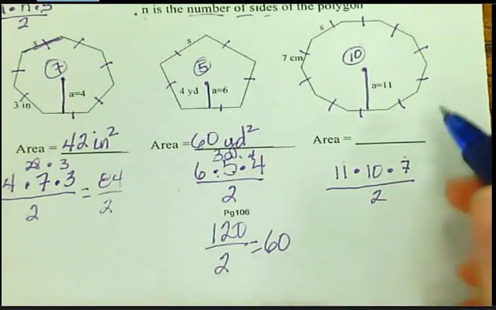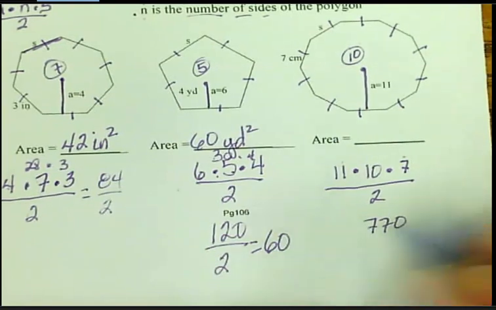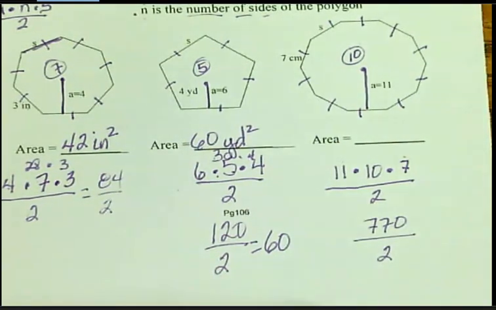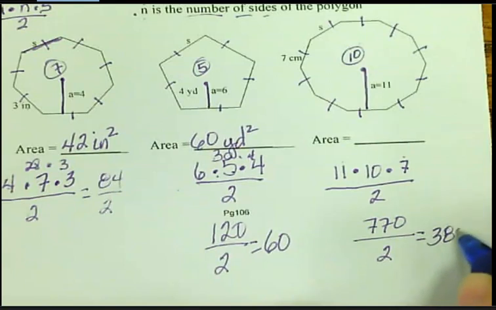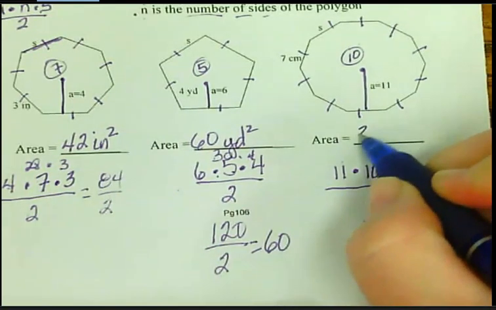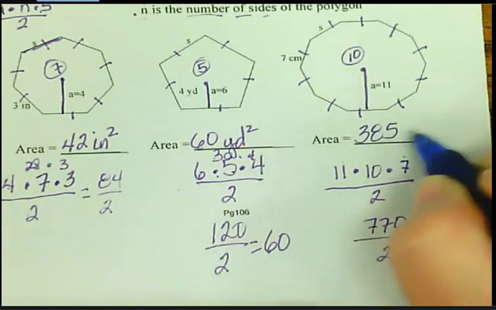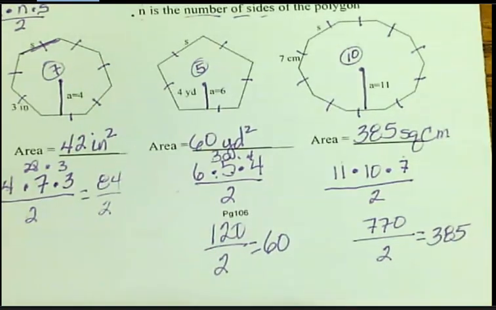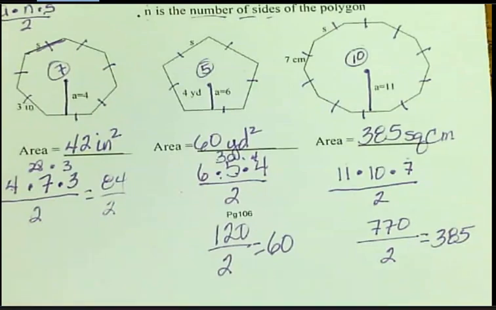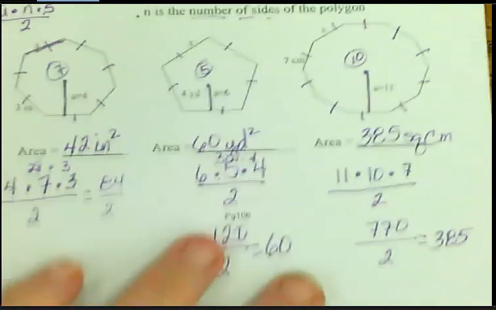And then times 10 more is 770. Now, divide that by 2. Hello! Divided by 2. That's 385. So we have an area of 385 square centimeters. That's all there is to doing these different polygons.